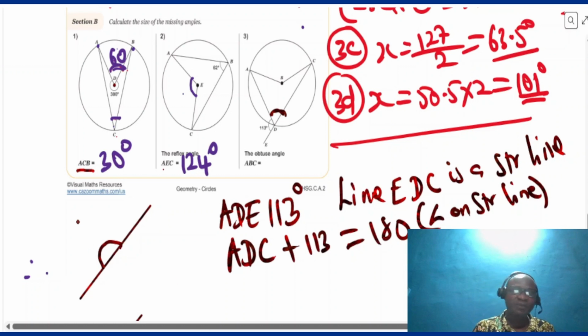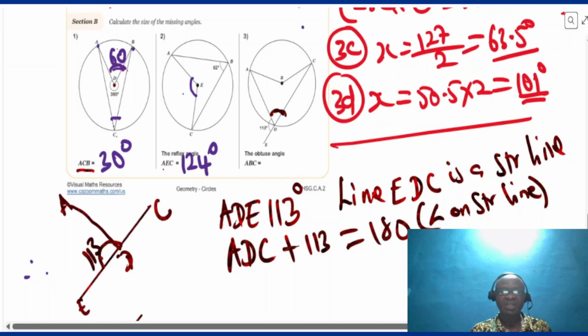So if they have told me that this one now is 113, which means here is A, here is D, and here is E, and I'm asking you A, D, C, look at C. So I'm asking you this side. What that means is subtract 113 from 180 and your answer will come out.